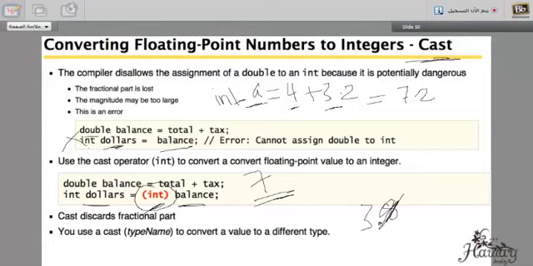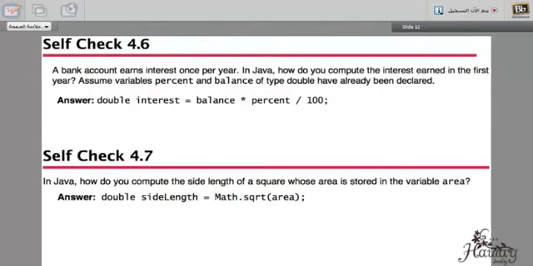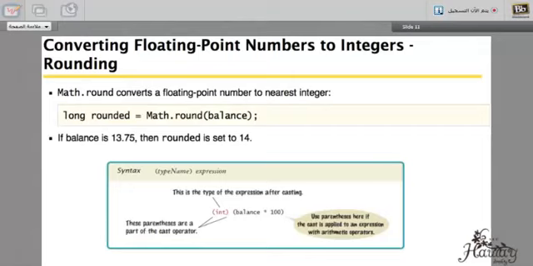Now, if you actually want to do rounding, you're going to have to use the other method of conversion. We use a rounding technique. For example, you use math.round.